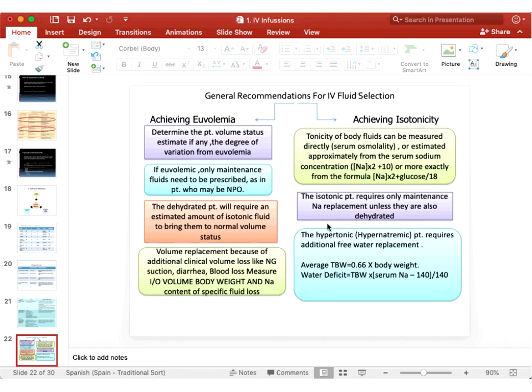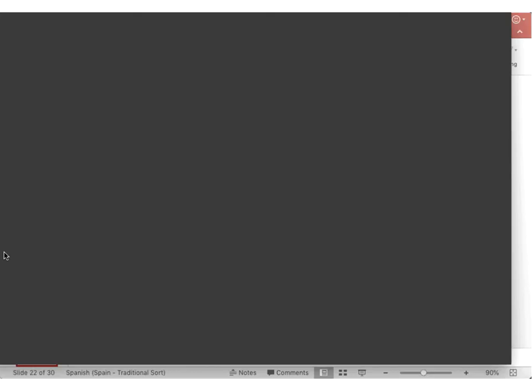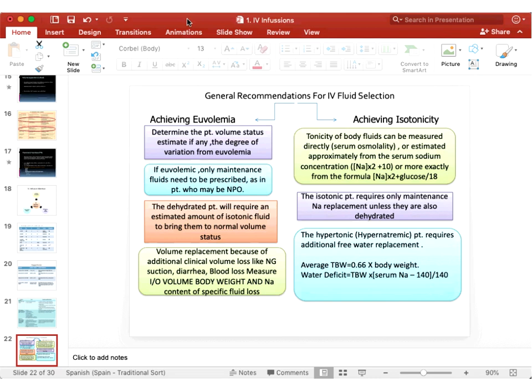So the general recommendations are these. You have to check out for the volume of the patient. You have to look for normal volume, hypoglycemia. This is very common among diabetics, that they infuse themselves with insulin and they didn't eat, so they fall into a hypoglycemic state.